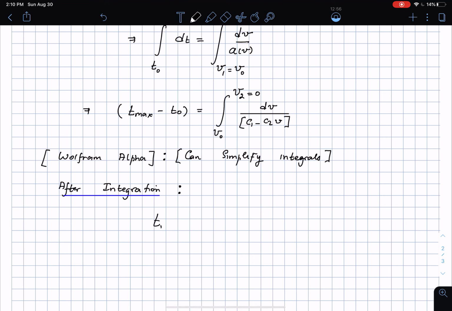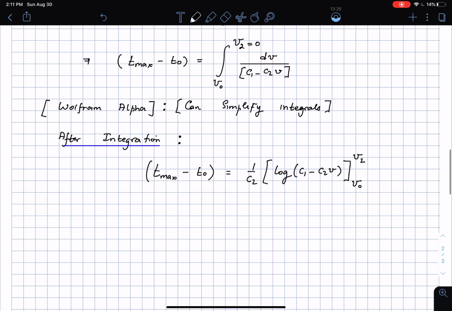So t max minus t naught is equal to, and I'm not going to substitute for the velocity yet, 1 by c2 times logarithm of c1 minus c2v between the limits v0 and v2.